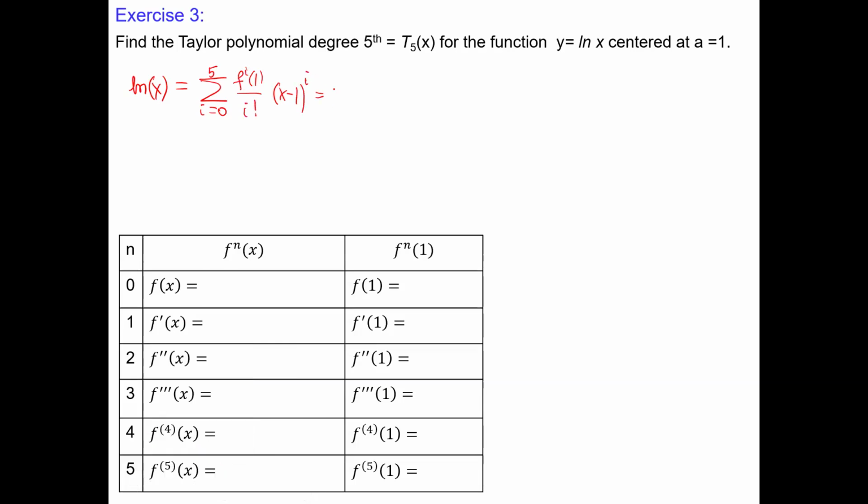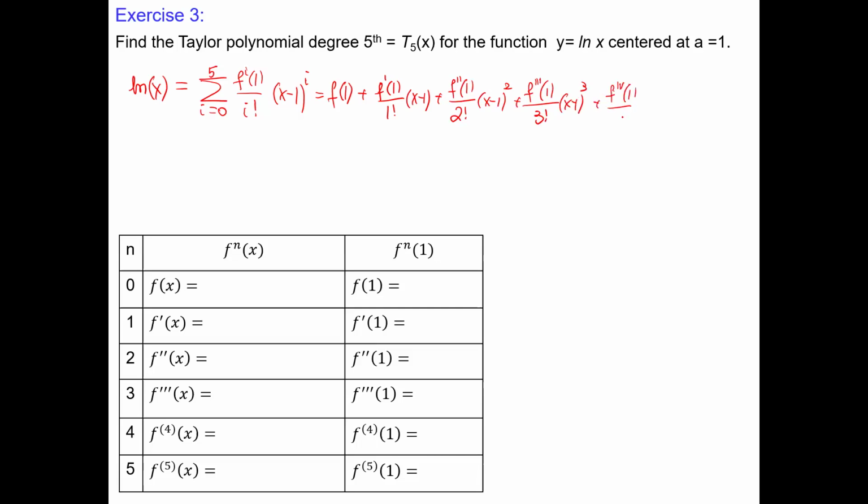That means the first term is always the value of the function at the center. Then the first derivative at the center over 1 factorial, times x minus 1. The second derivative at 1 over 2 factorial, times x minus 1 squared. The third derivative at 1 over 3 factorial, times x minus 1 cubed.